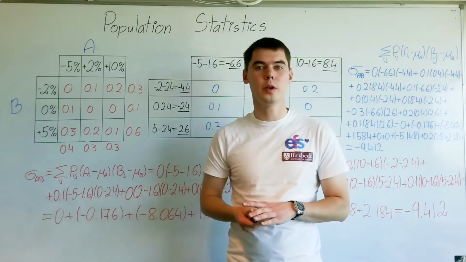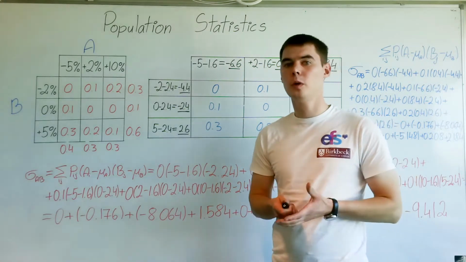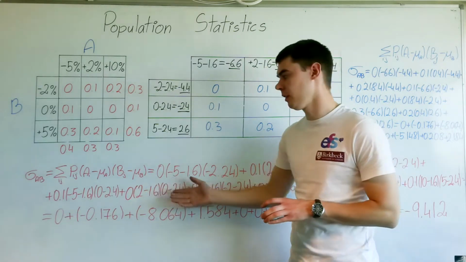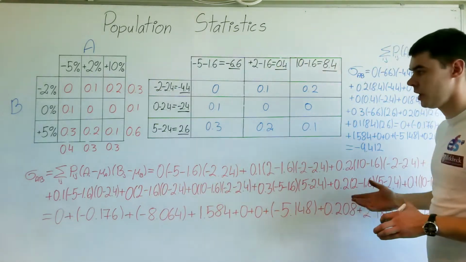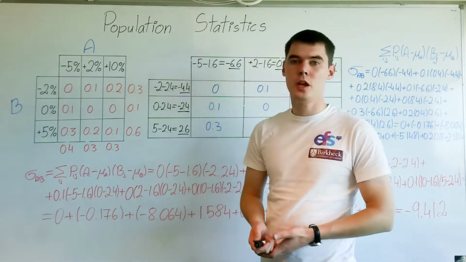Now, there are two ways to calculate the covariance of share A and share B. One way is to apply the full formula, and you'll end up with this lengthy equation as shown here in red, or you can write deviations table.